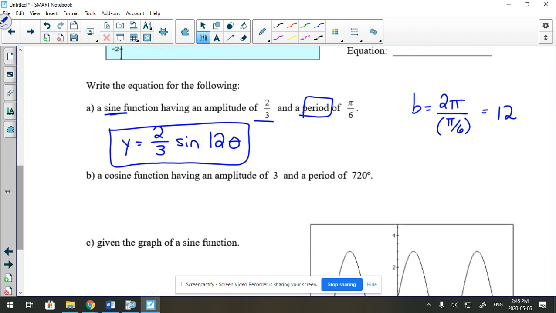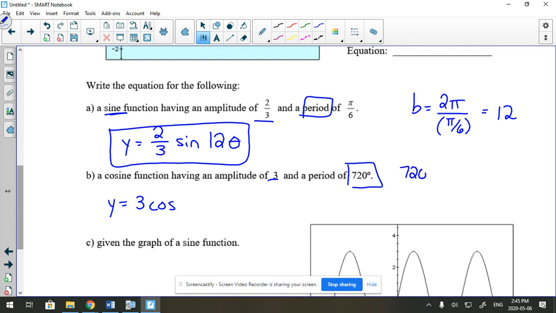Part B I'll do too, just because I throw an extra little twist in here. It's a cosine function having an amplitude of 3. So right away I know it's going to look like this. And then a period of 720 degrees. When we're writing our equation, we like it in radians. I want to see pi in there. So remember from previously, we can rewrite 720 degrees into radians.